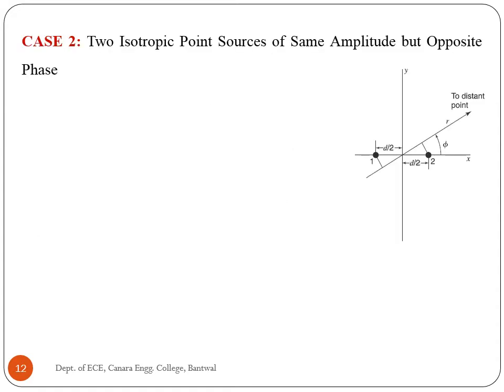Two isotropic point sources of same amplitude but opposite phase. To analyze the field pattern for the case 2, that is two isotropic point sources of same amplitude but opposite phase, we'll consider two isotropic point sources which is symmetrically placed with respect to origin of coordinate at a distance d.